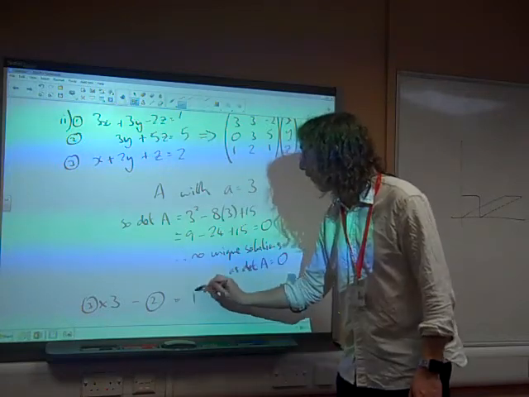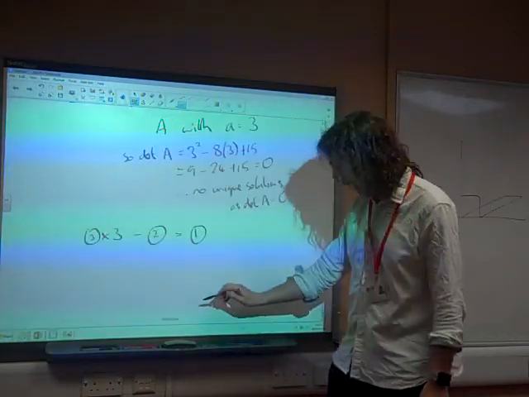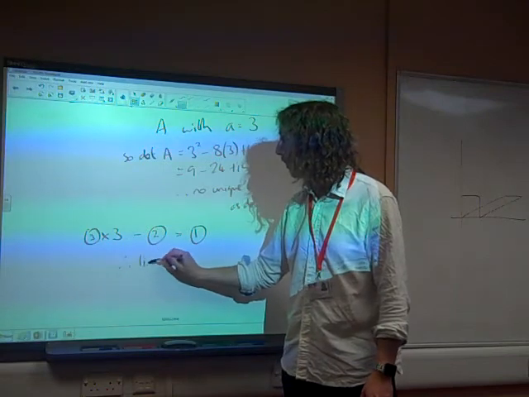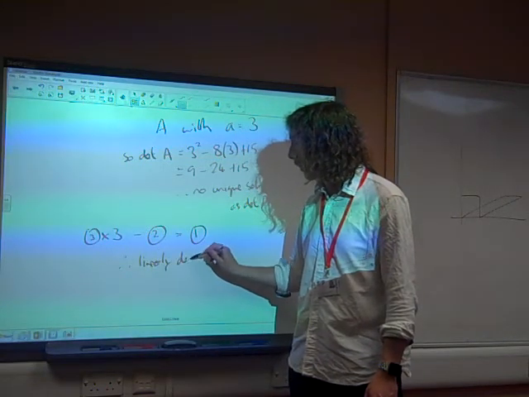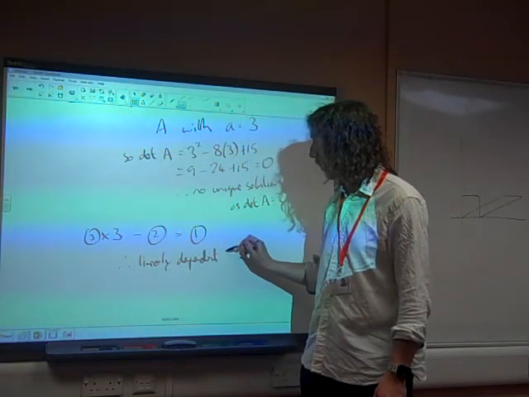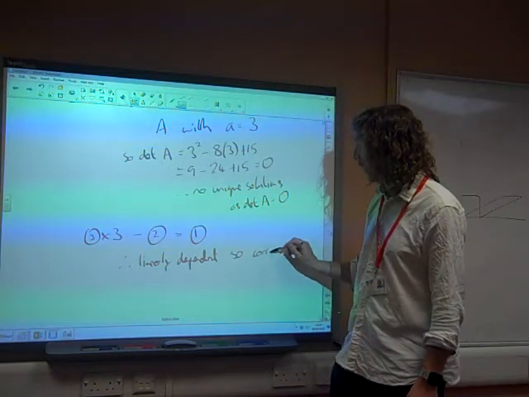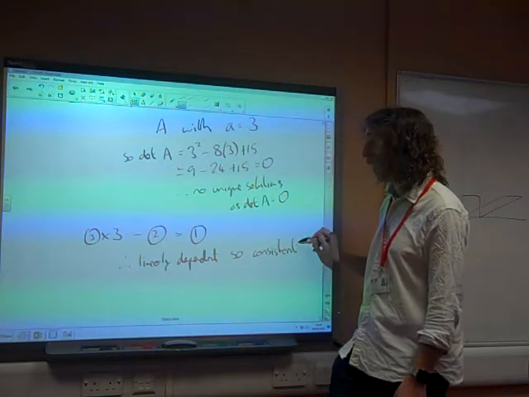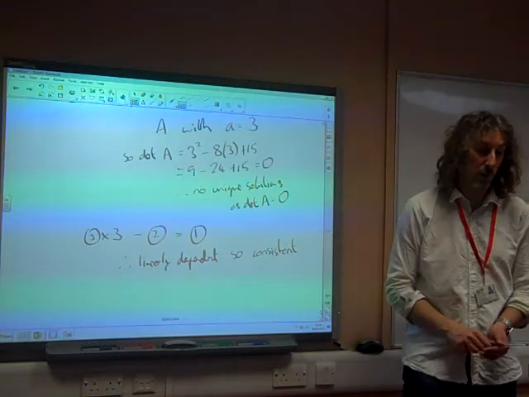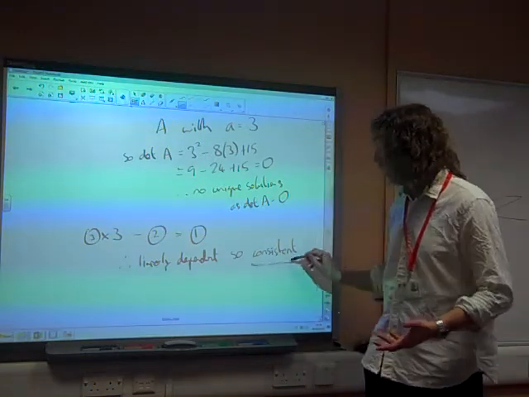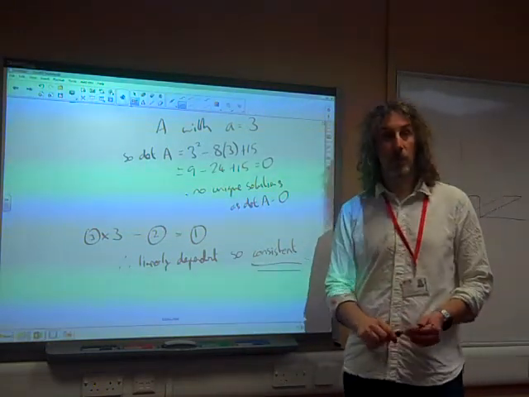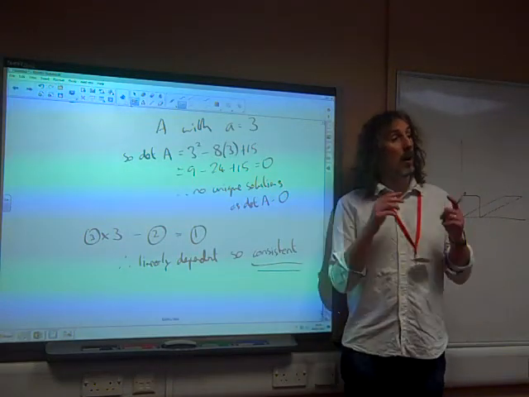That gives me equation 1. Therefore they are linearly dependent. So they are consistent. The question just said, state whether they are consistent or inconsistent. That's all that we were looking for.